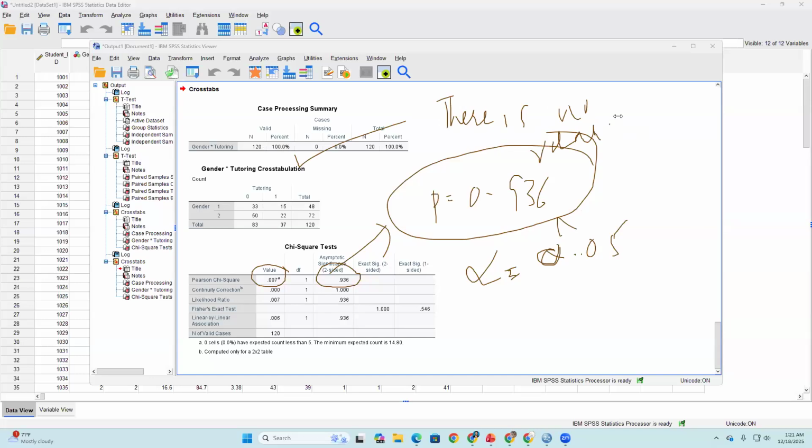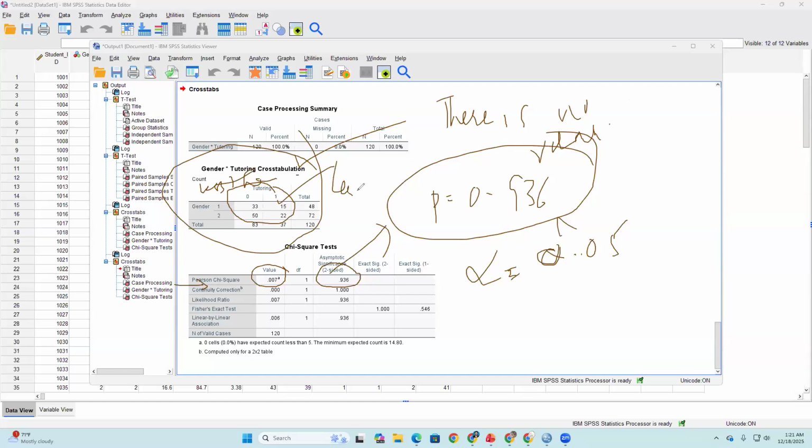So far, this is the simple chi-square test. There is one thing you should note here. Yes, there is no significant association. You can see that there is no value less than 5 in your contingency table. So we will take the Pearson chi-square test.